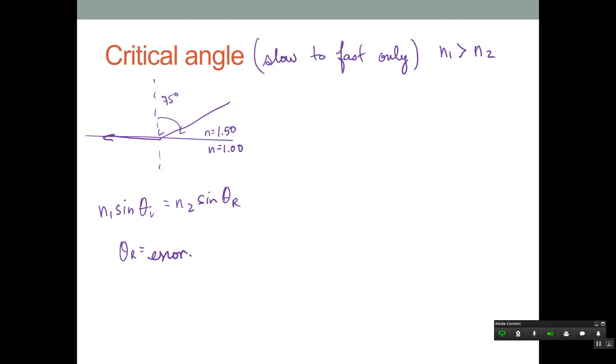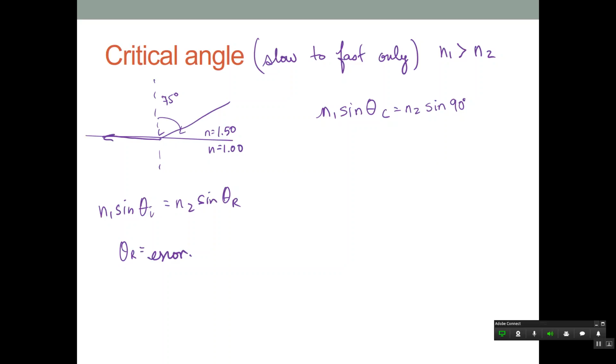And at that angle, at whichever angle this incident ray comes in that creates a 90-degree angle, we call that the critical angle. So that means we can say that the critical angle, if I have N1 sine theta I, is equal to N2 sine theta, I'm going to call this sine theta C for critical angle, N2 sine 90 degrees, right? Because it can't refract to an angle that's greater than 90 degrees.